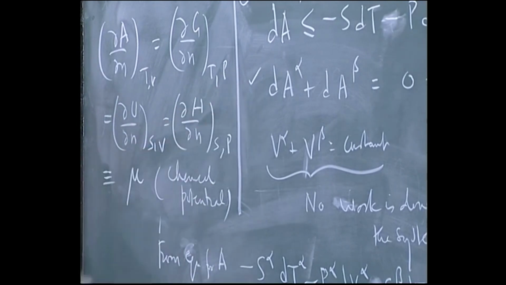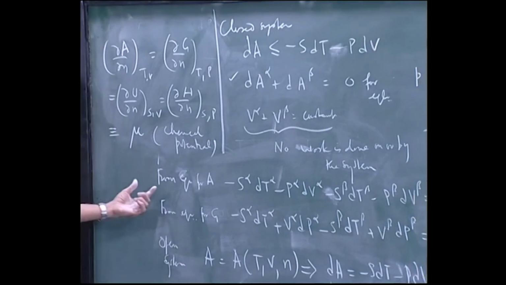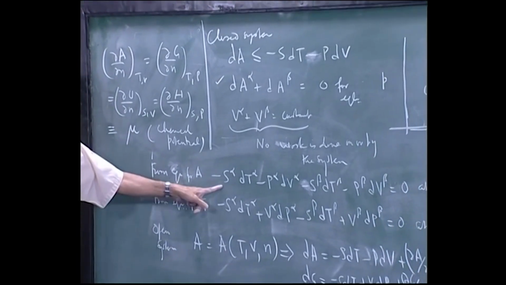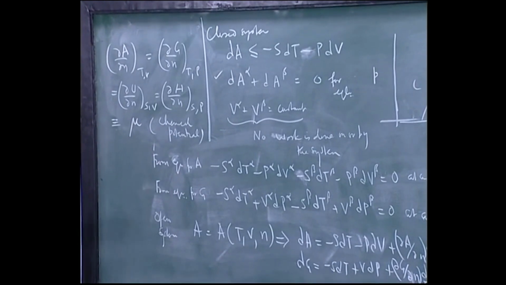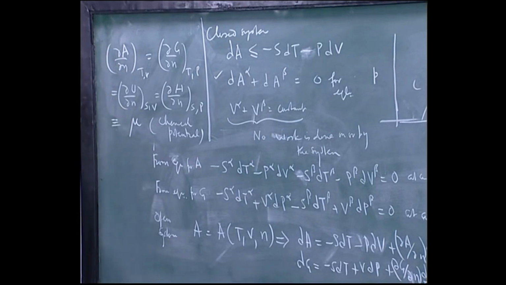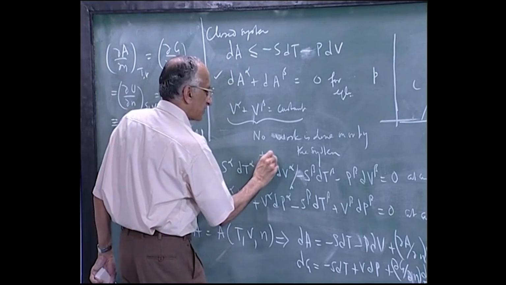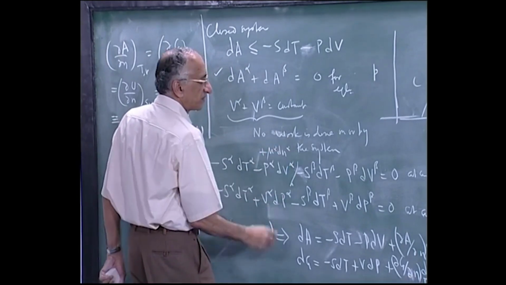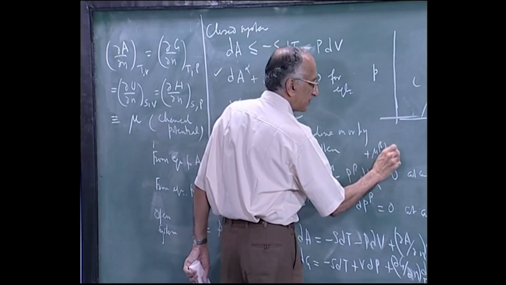So up to here I am right, I need to add a term here. From the equation for A, you get minus S alpha dT alpha minus P alpha dV alpha. dA is minus S dT minus P dV plus mu dN. So I will have to add here plus mu alpha dN alpha, and here I have to add plus mu beta dN beta.